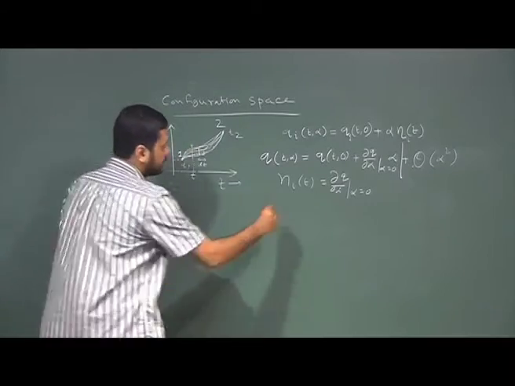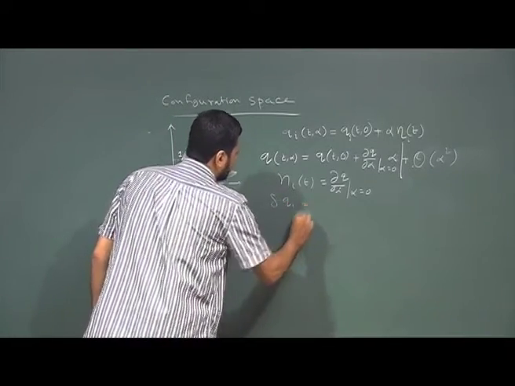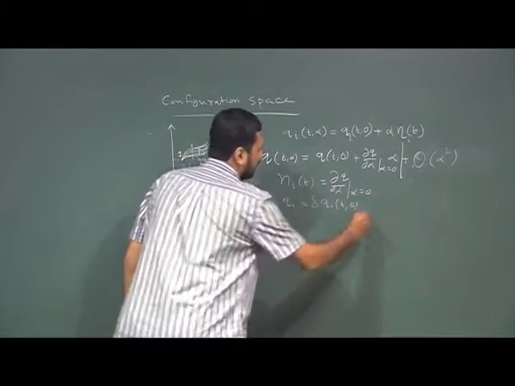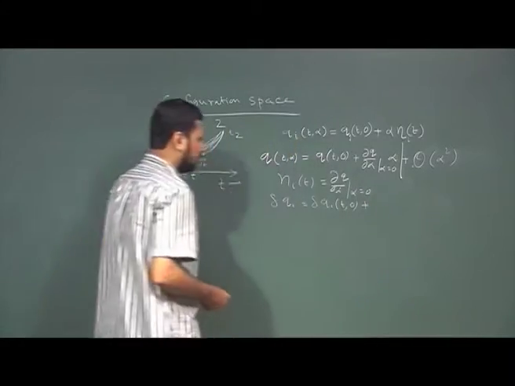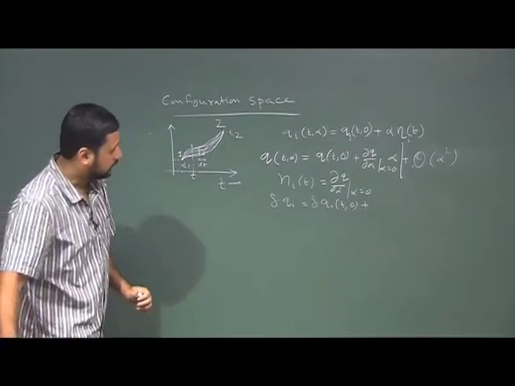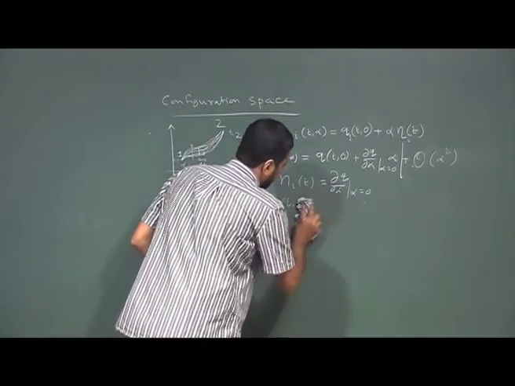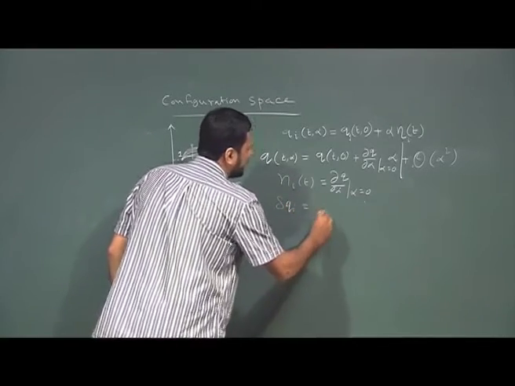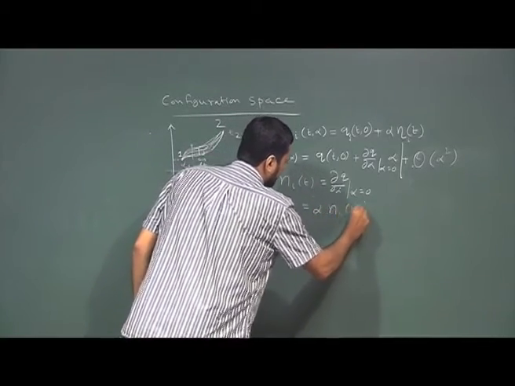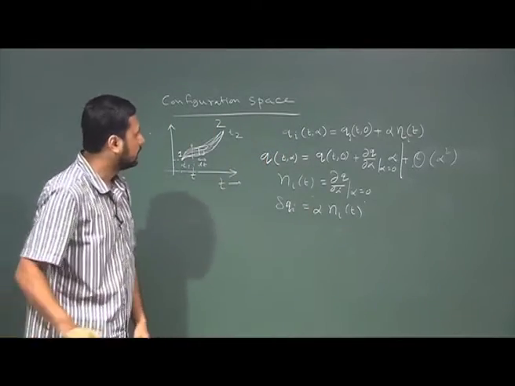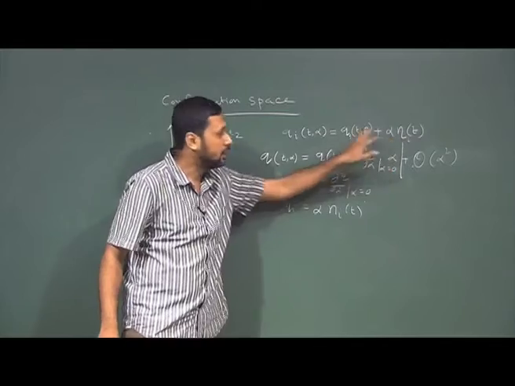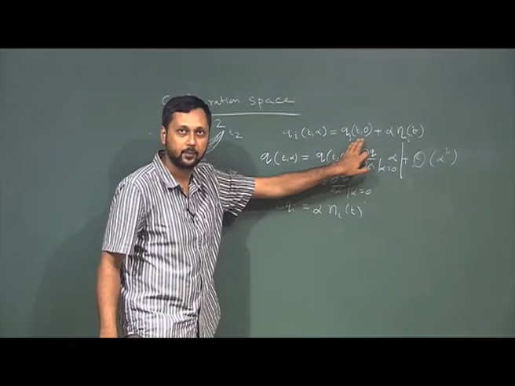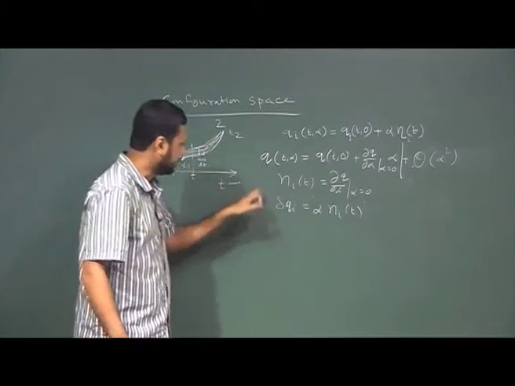What we can see is that delta q_i, the virtual displacement of q_i, will be nothing but alpha eta_i(t). So this is an infinitesimally small variation of a function which depends explicitly on time, and we can write it in this particular form.